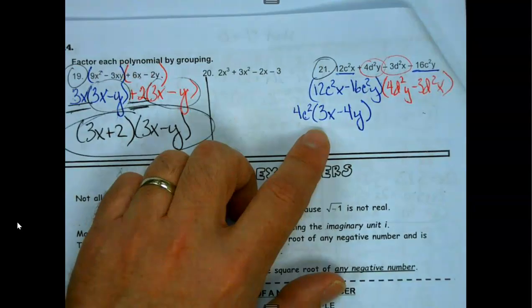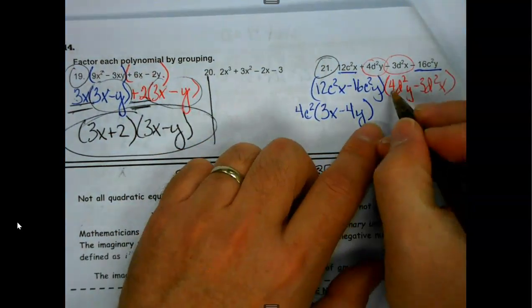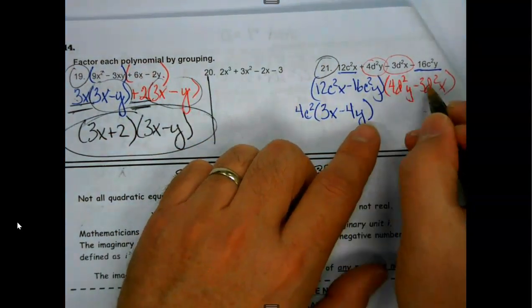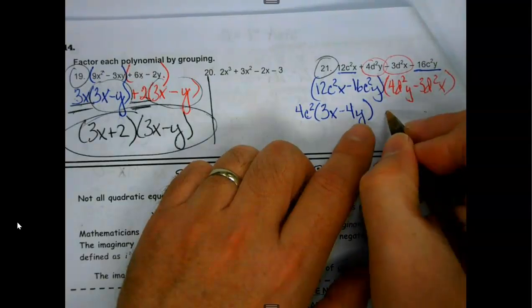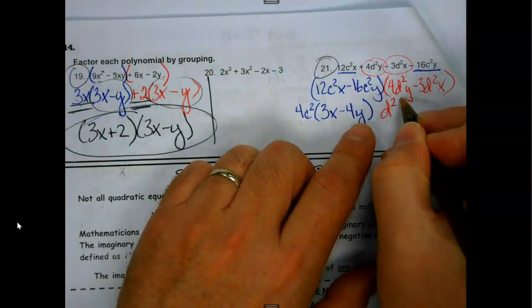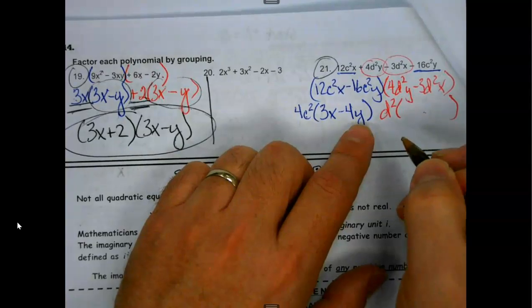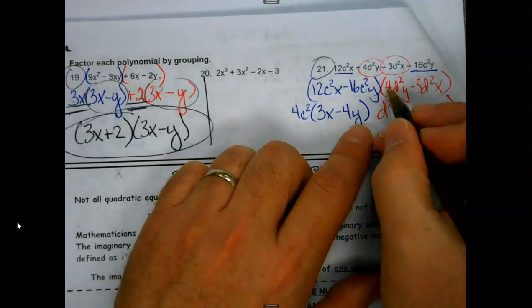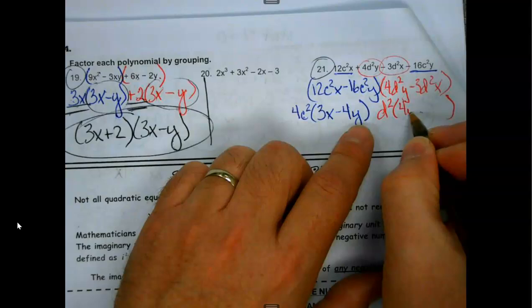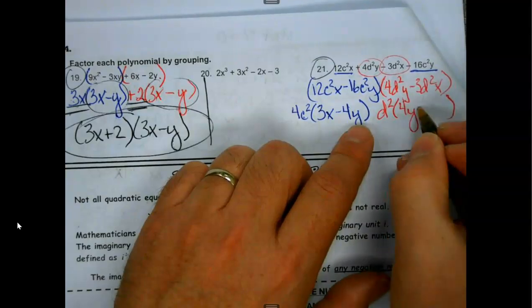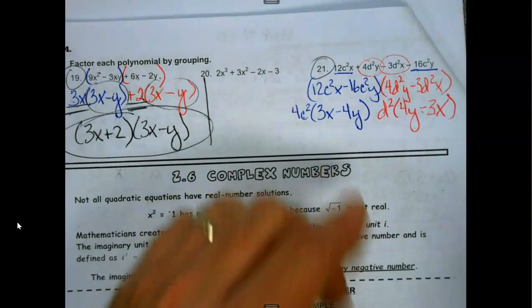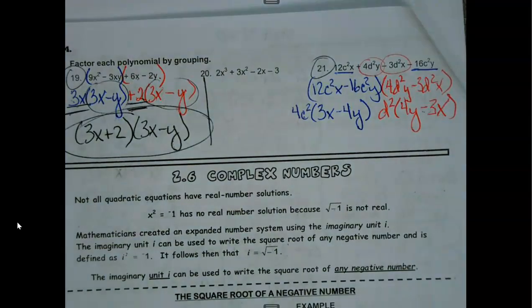Y. Feeling a little better. Okay, no number in common, just the d squared. So I'm like, all right, 4y minus 3x. Okay. Oh boy.